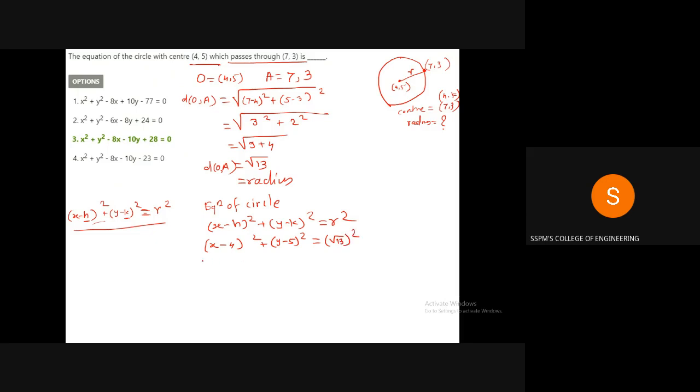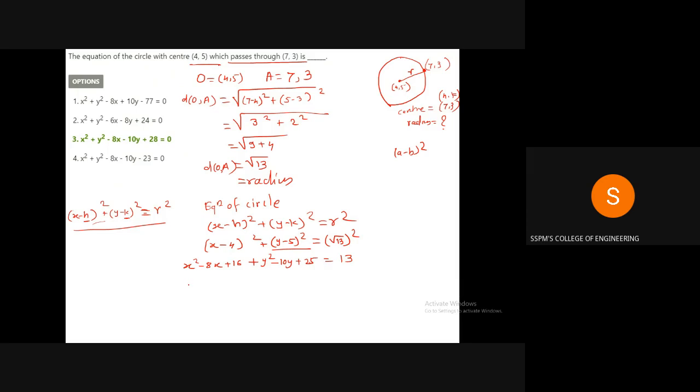So now we will expand this using the a minus b bracket square formula. We get x square minus 8x plus 16 plus y square minus 10y plus 25 is equal to root 13 square, that is again 13.